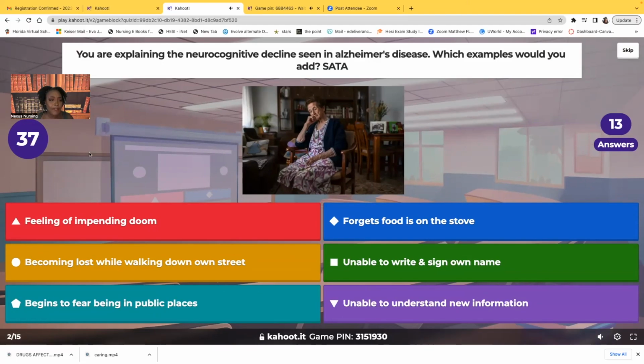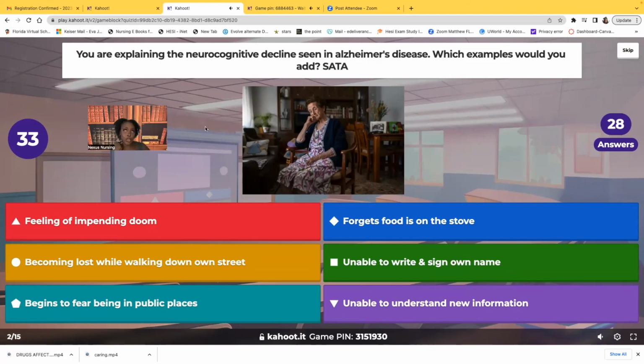Which clinical manifestations would you include when you're describing your typical patient with Alzheimer's disease that's having neurocognitive decline? This is a select all that apply. So remember, you're going to have more than one answer.